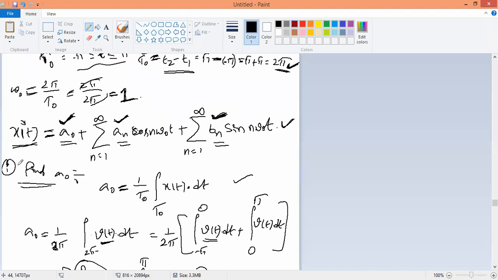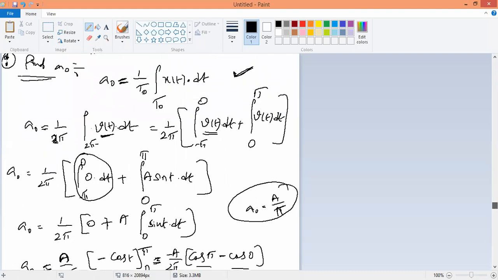First, see the finding of a naught. Already we know the a naught equation: 1 by t naught integral over t naught of x of t dt.